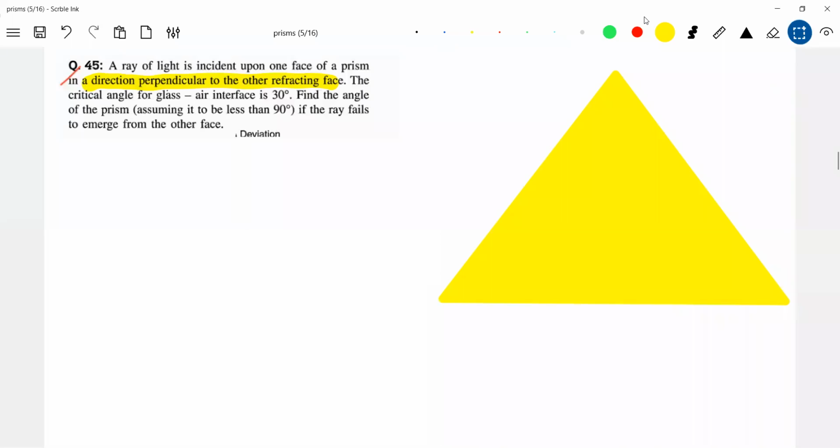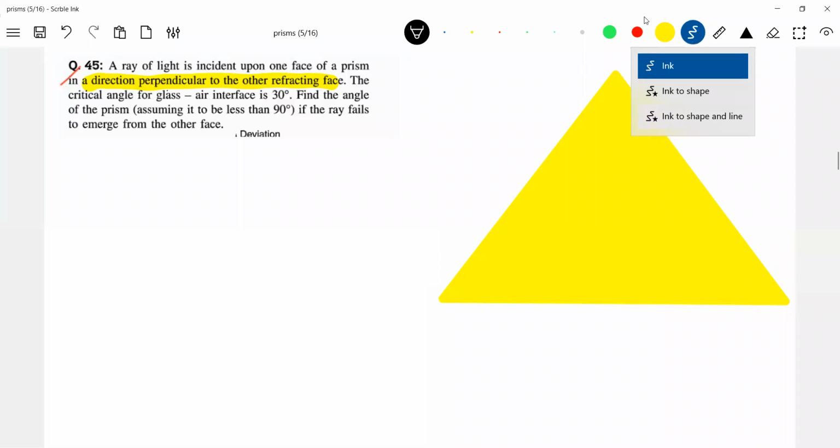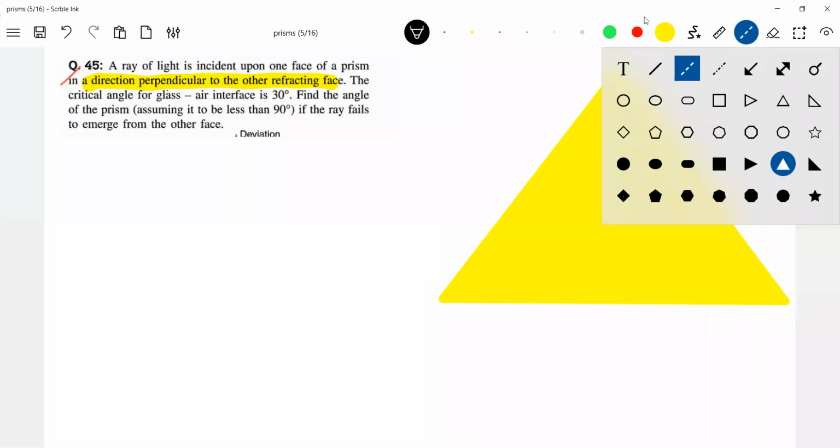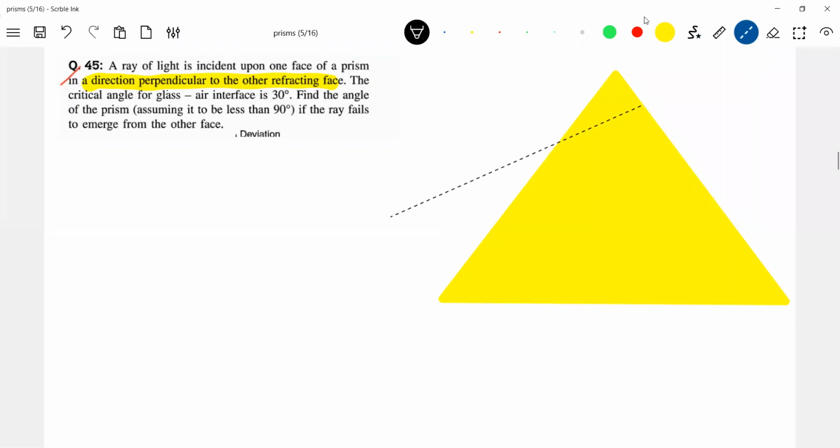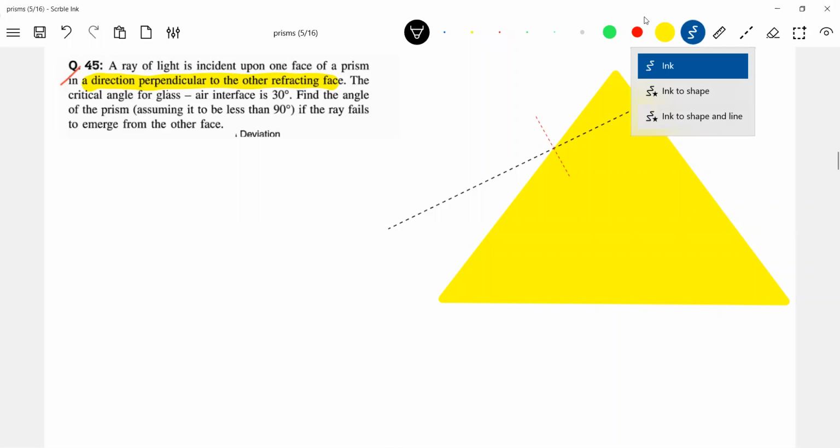The ray is incident normally. It will undergo... So here no. After this, I think I should... Yeah, fine.